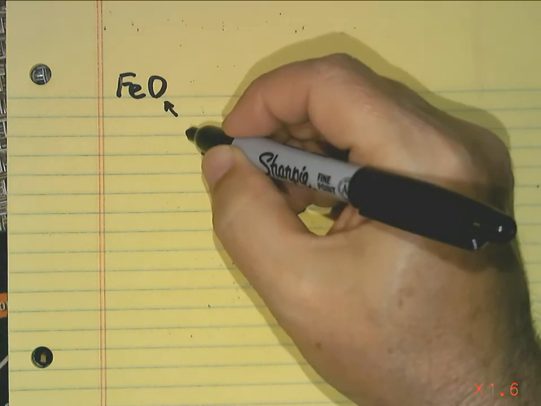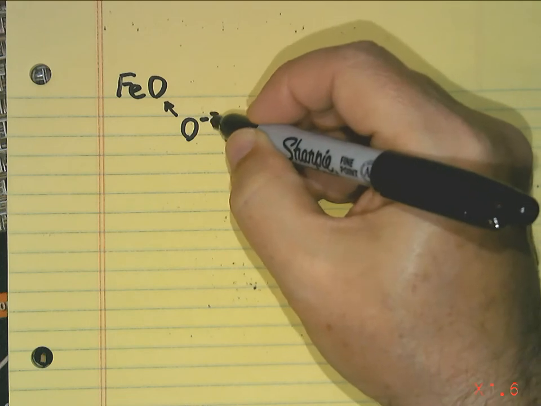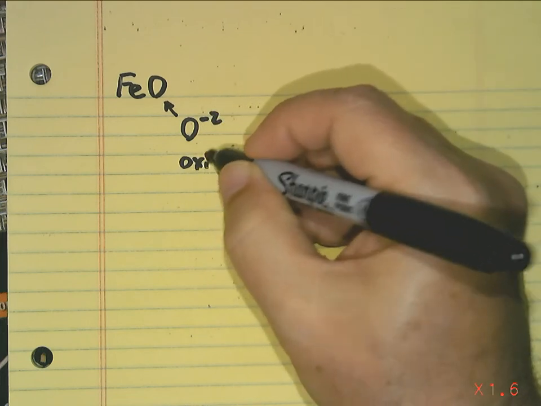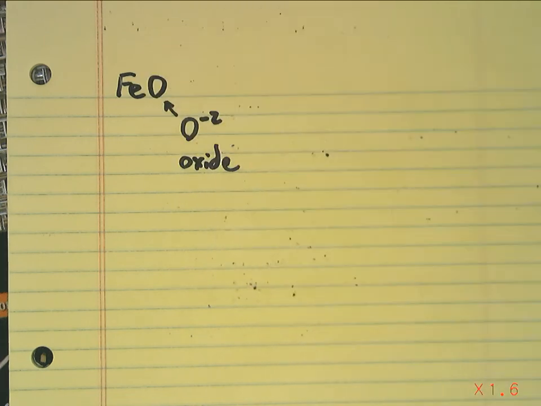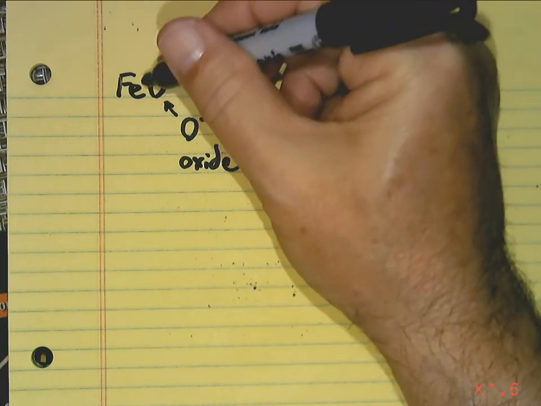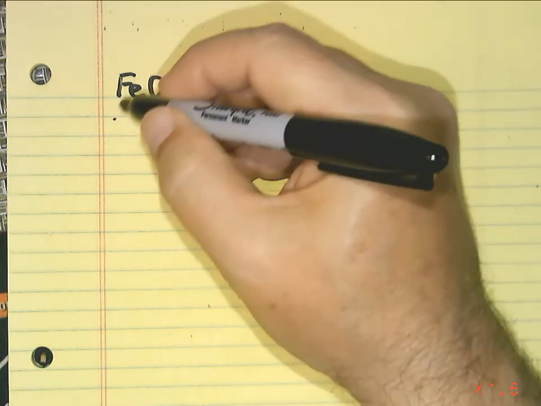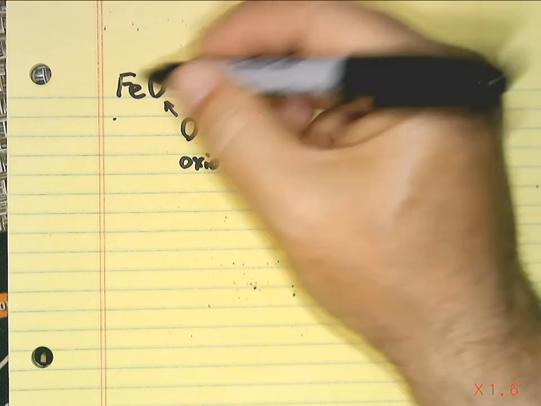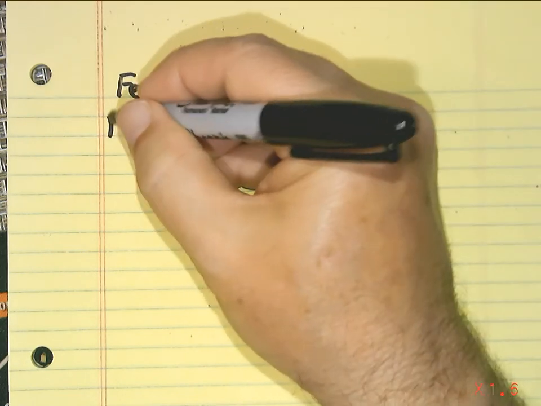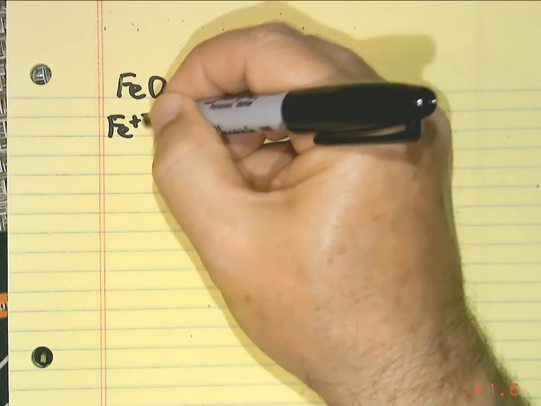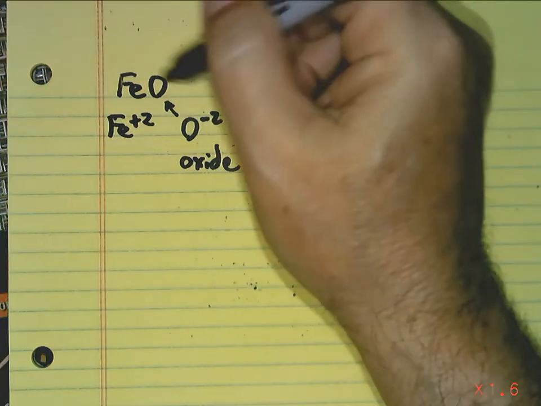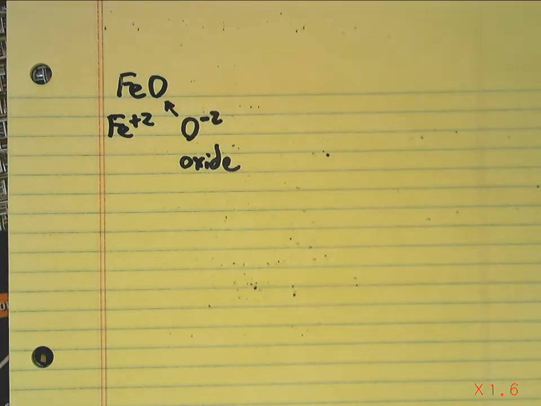It's an oxide ion. This one, though, I know what the charge has got to be. Because if this is a -2, this has to be a +2. You can work that out. The charges on the ions in here have got to be balanced because it's electrically neutral.